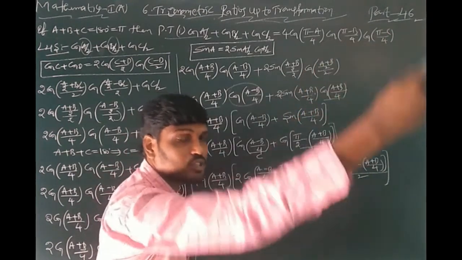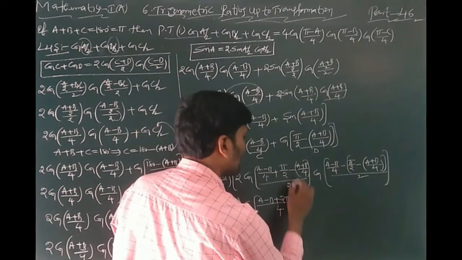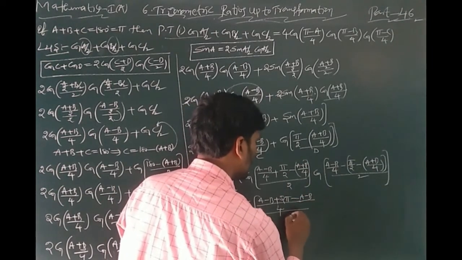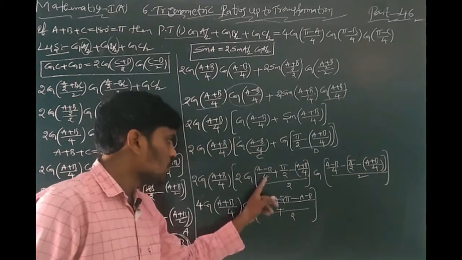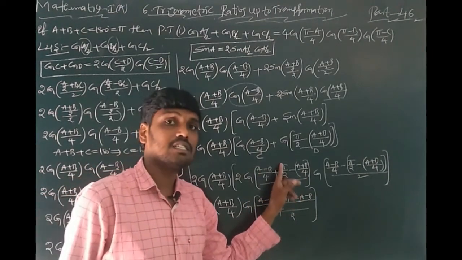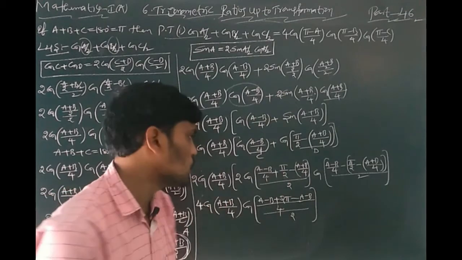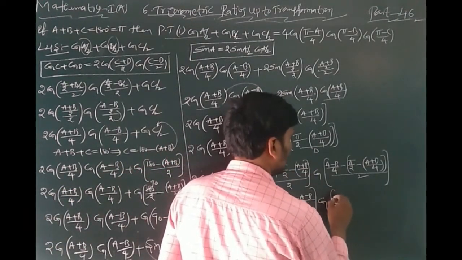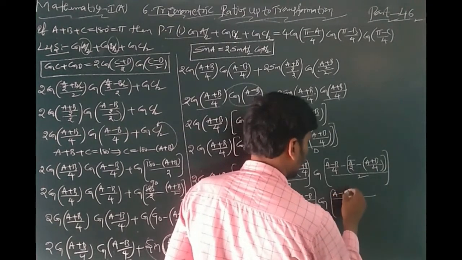This 2 multiplied with 2. 2 by minus a plus b minus a minus b, whole by 2. Understood or not, students? 4 to 4 LCM is 4. A minus b similar. Here 2 is there. This numerator multiplied with 2. 2 by this multiplied with minus cos. Here also LCM is 4. A minus b.